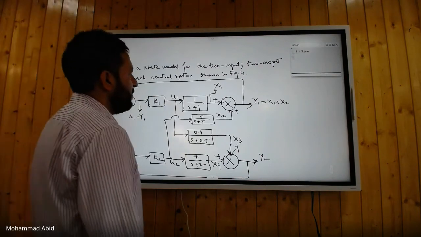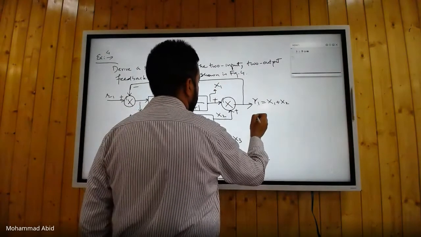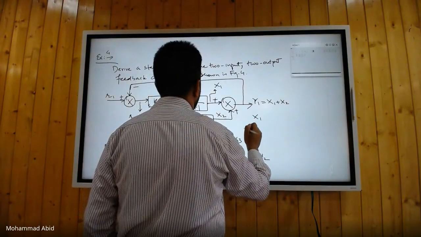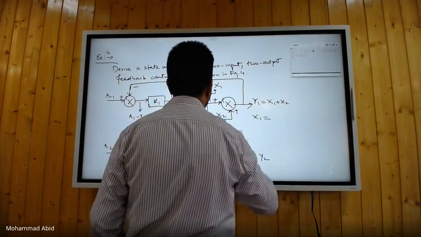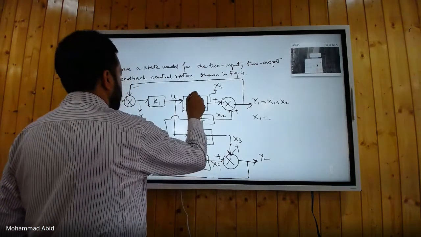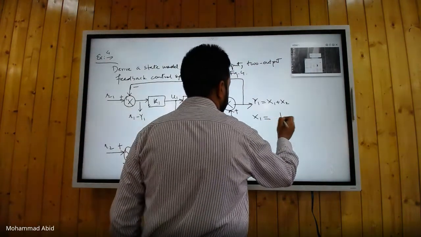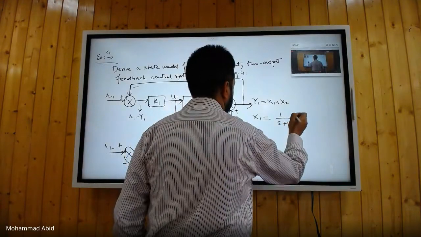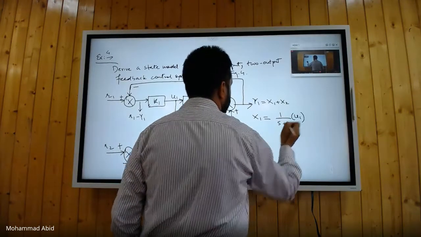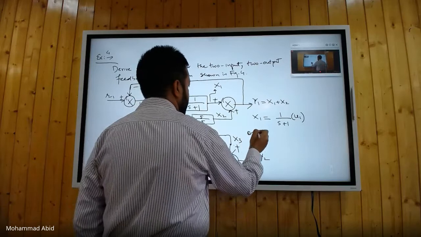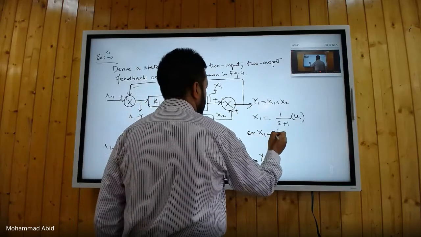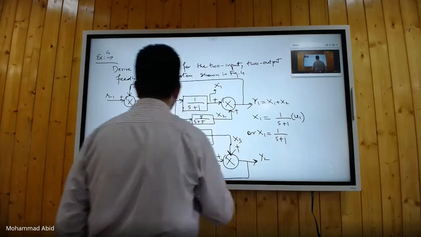So if I write down the equation for X1, what is X1 equal to? X1 is 1 upon S plus 1 into U1. ठीक है ना? Or I can write X1 is equal to 1 upon S plus 1 into what is U1 equal to?